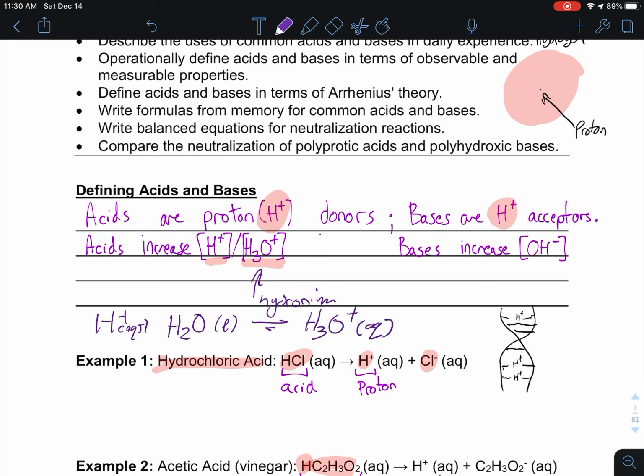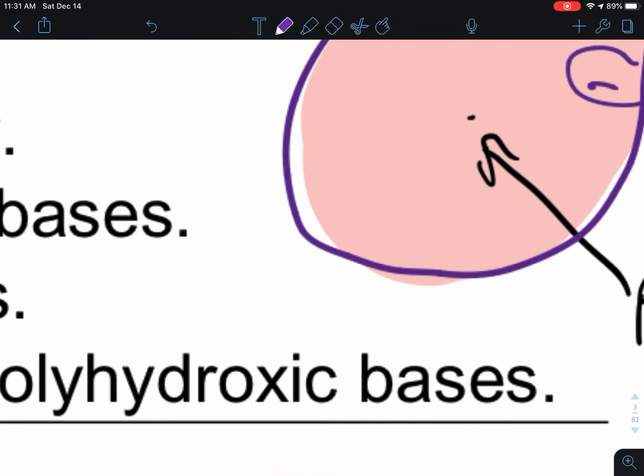And this hydronium is actually the most common form for a proton in water. They've actually done a lot of experiments, and they've never really successfully captured a single proton existing by itself in water. Remember that a proton is really, really small. So if you look at this little picture I've drawn of an atom, here's your atom, and this is our electron density. So there's an electron somewhere in that circle. And there's a little tiny spot in the middle. That's our proton.